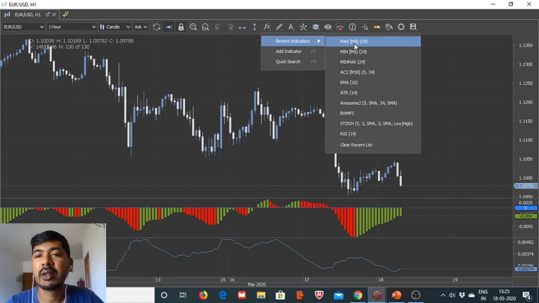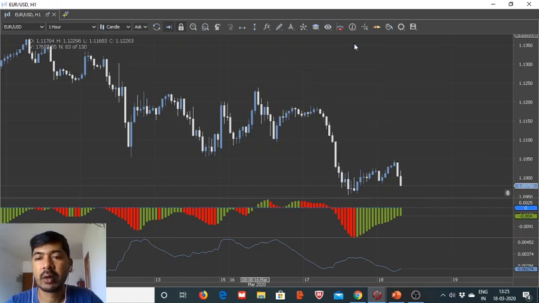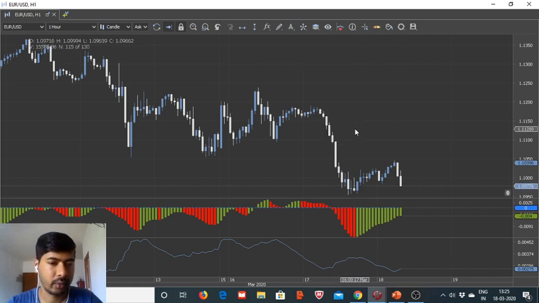So let's add this maxima. The maxima is not yet visible, and the minima.